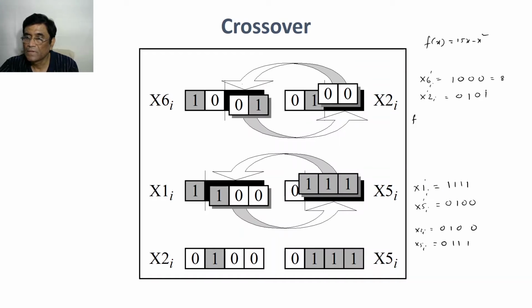This is 0, 1, 2, 3, to the power 0, to the power 1, square, cube. Yes, it is 8. And this is 2 to the power 0, 1, square, 2 square, 4, equal to 5.